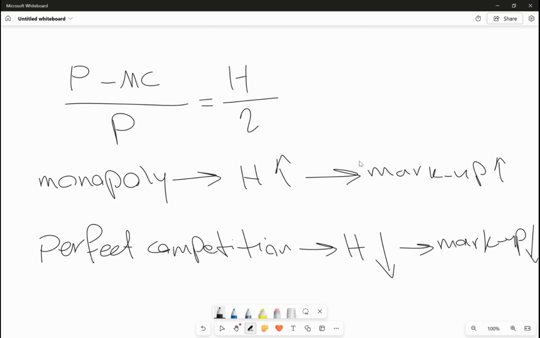If we substitute that, the market demand is P = A - Q1 - Q2. The price in the market is equal to a number minus the quantity produced by the first firm minus the quantity produced by the second firm. And the third assumption is that we expect both firms to have the exact same cost structure, so the total cost for firm 1 and firm 2 have the same structure.